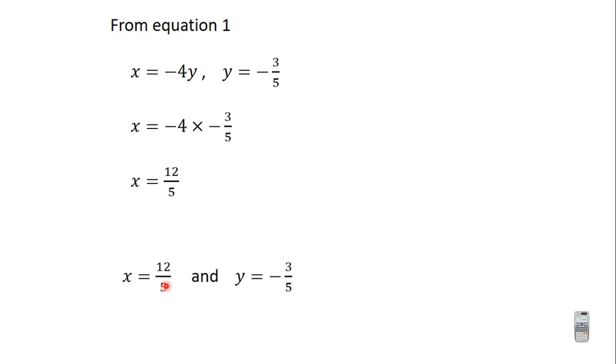So x is equal to 12 divided by 5 and y is equal to minus 3 divided by 5. The main thing that you need to take note of here is that when you are given two equations, reduce the two equations to linear equations and solve them simultaneously. In this question, one of the equations was already in the linear equation form, so we had to reduce just one equation.